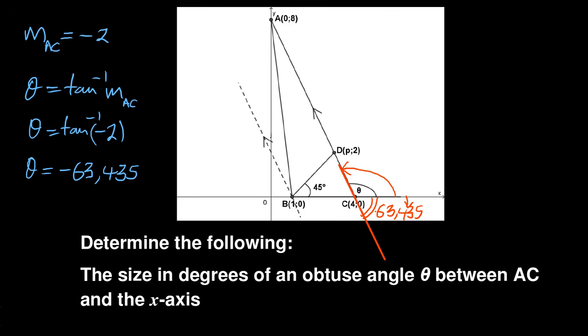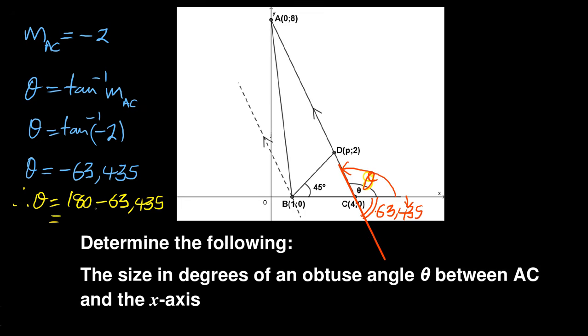So for you to do that, you are going to say, therefore, theta is equal to 180 minus 63.435. Why am I subtracting from 180? Angles in a straight line add up to 180. If I say theta plus 63.435, it must give me 180.